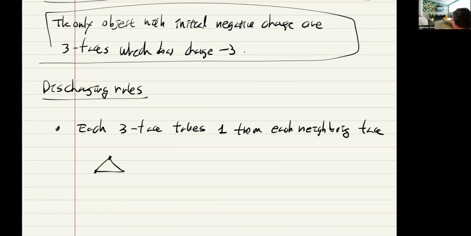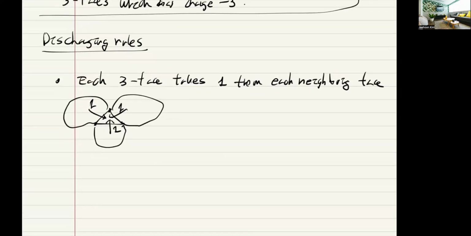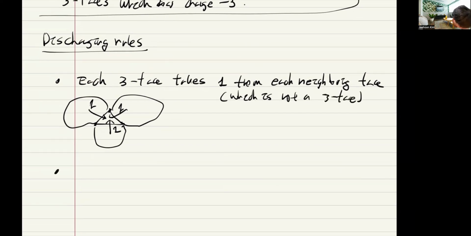So you have a 3-face, and then here face, face, face, and it takes 1, 1, 1. And we know that these neighboring faces are not 3-faces because there are no 2 faces sharing an edge. That's the first rule.